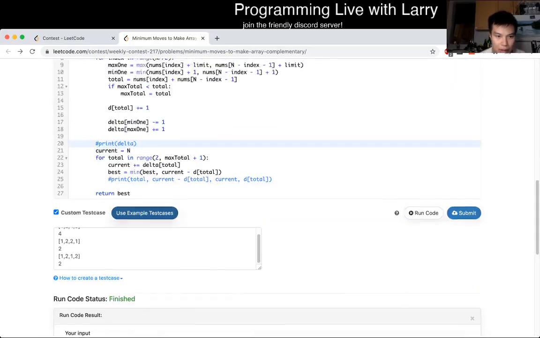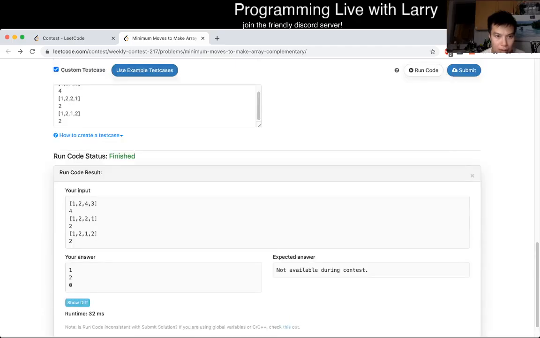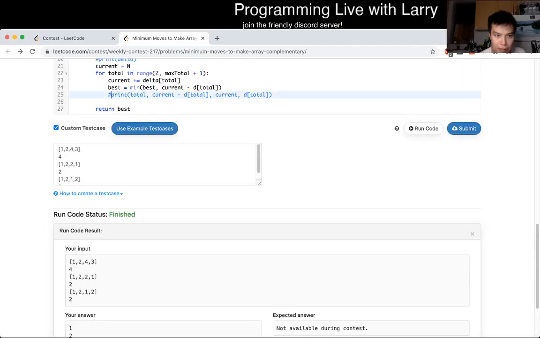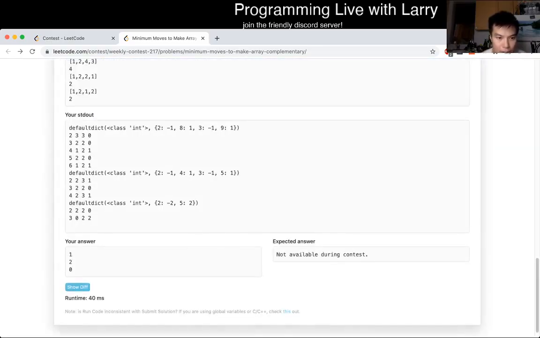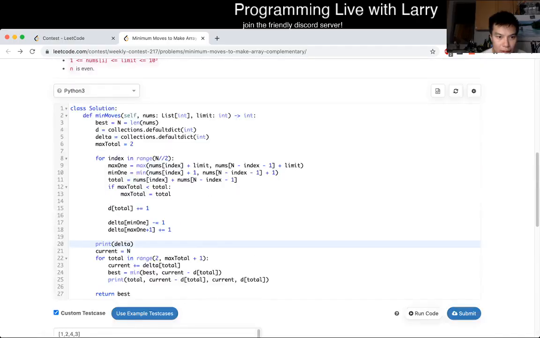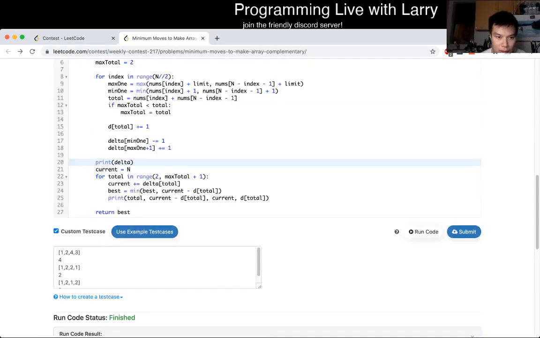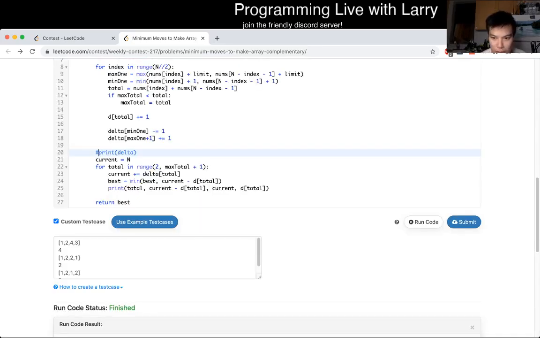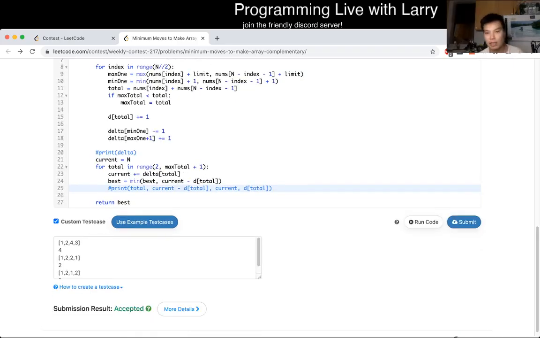Alright, I see. This should be max plus 1. Yep, 4, 3 is 2. Okay, fine. Come on, please. Yes. Okay.